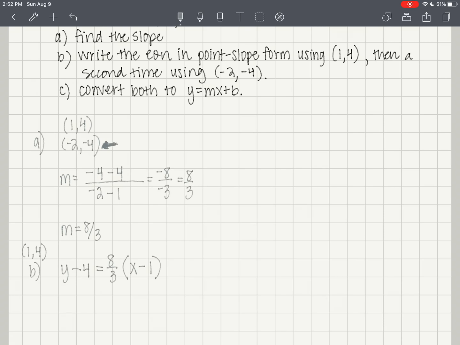And it says stop right there. Just write the equation in that form. Then write the equation in that form using -2, -4. So we would have y minus -4, so y plus 4, equals 8/3 times x minus -2, which would be x plus 2.